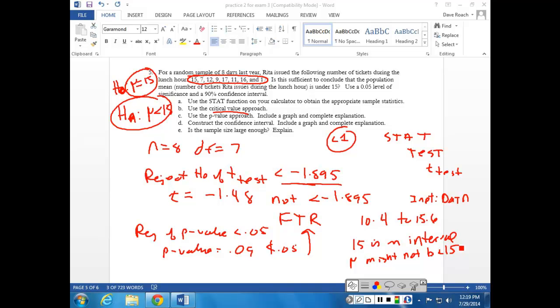Of course, you should be able to get this minus 1.48 and this confidence interval by working them out, but there's some check figures for you in the interpretation. Questions on this? I know I'm moving pretty fast.